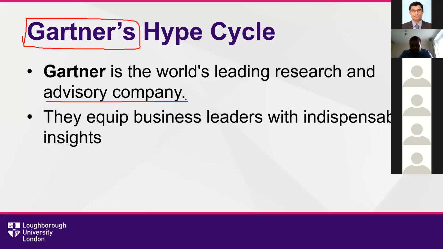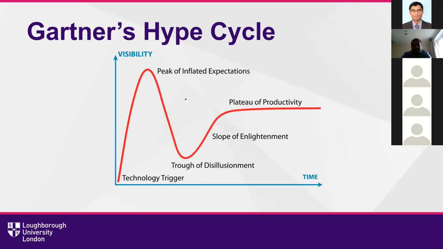Every year, hundreds of new technologies emerge, and only a few of them become very popular and change the world. Blockchain is one of them. Gartner analyzes the emerging technologies and predicts their future, so every year they publish a hype cycle.